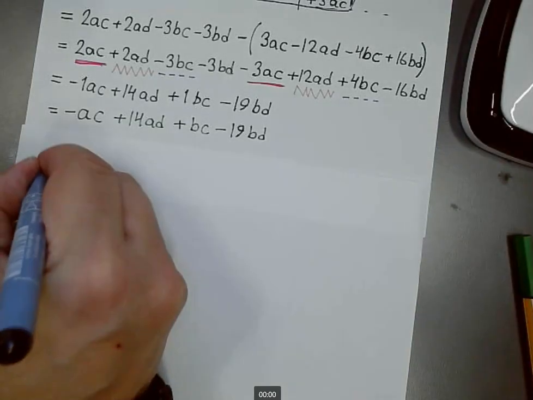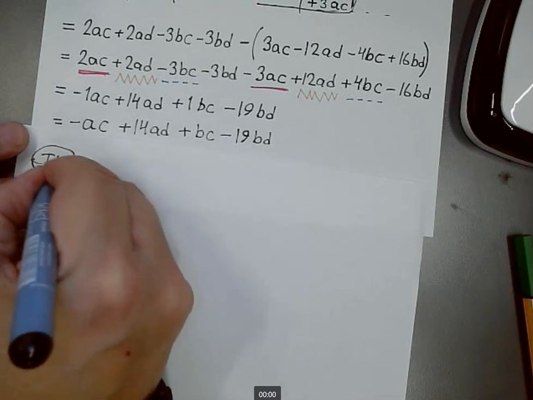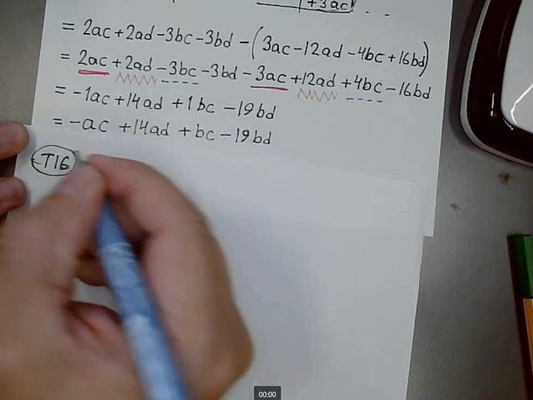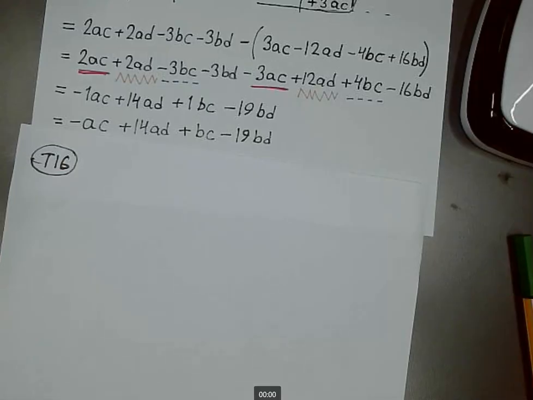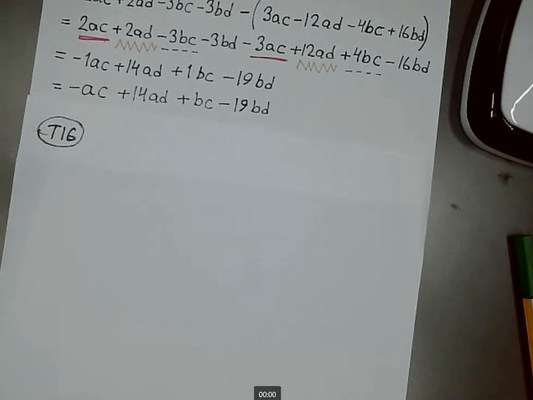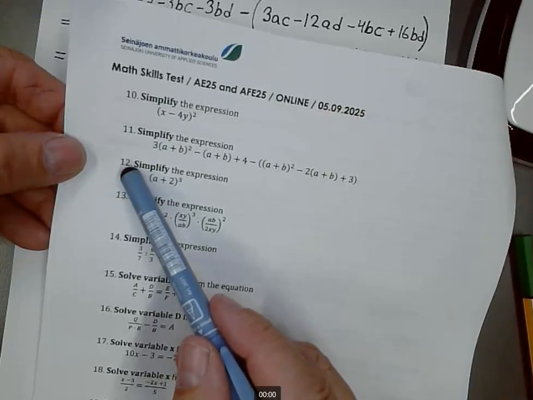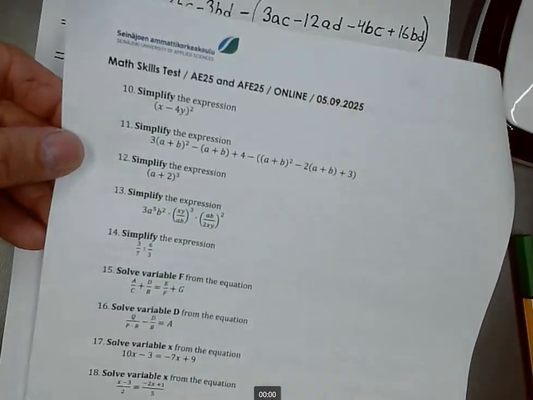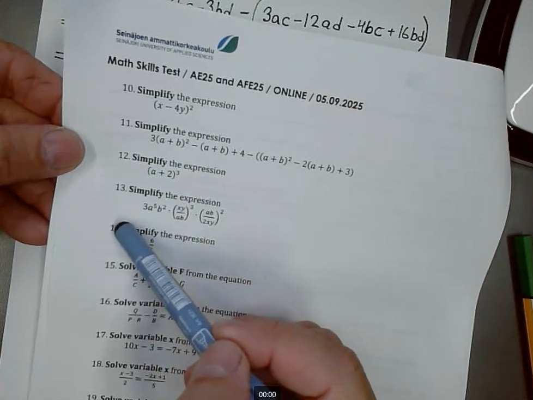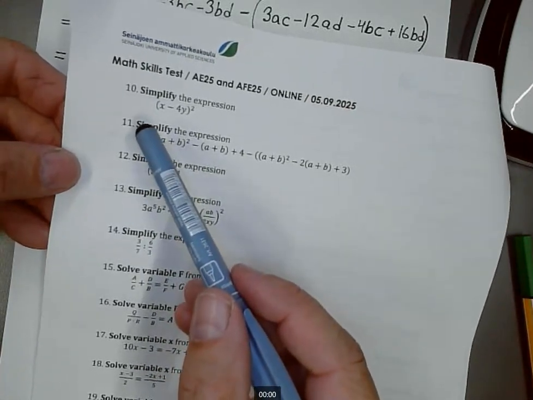Number 16. Tehtävä 16. In Finnish, for numbers between 10 and 20, there is always this toista word. For example, here 11, 12, 13, 14: 1, 2, 3, 4, and toista after them.